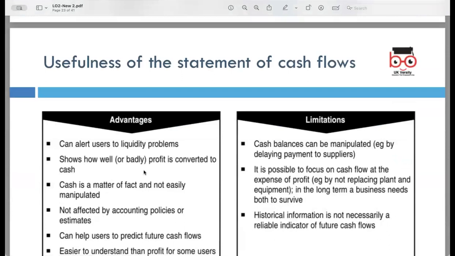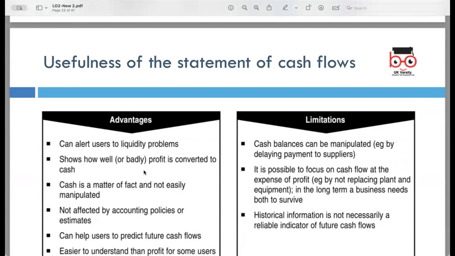Usefulness of the statement of cash flows. There are some advantages and limitations. When we talk about advantages: liquidity insights alert stakeholders to potential liquidity issues within the organization.